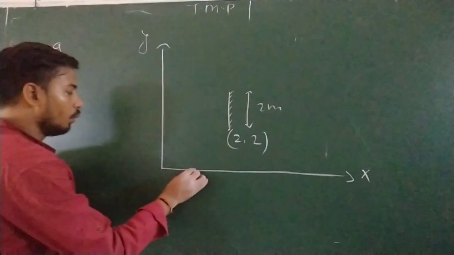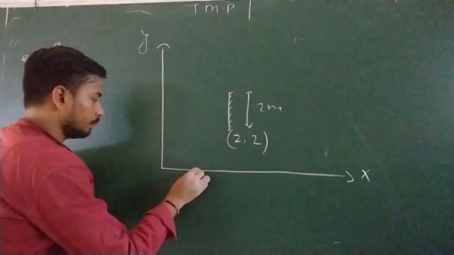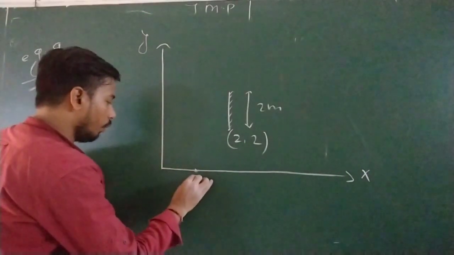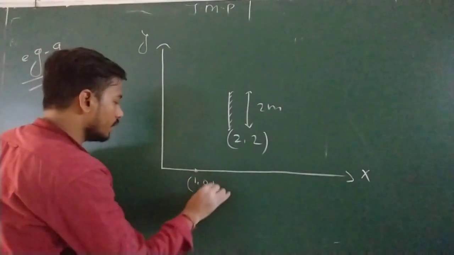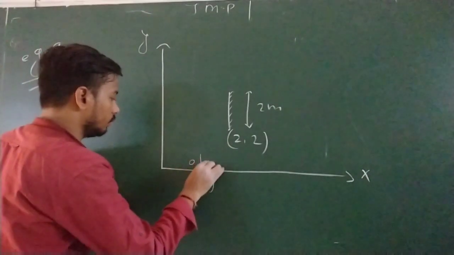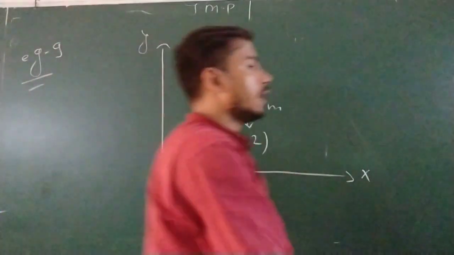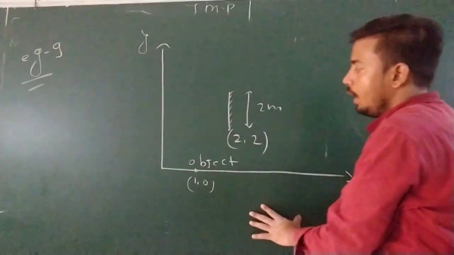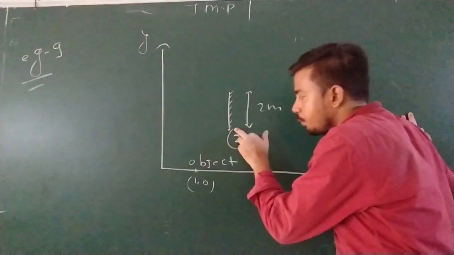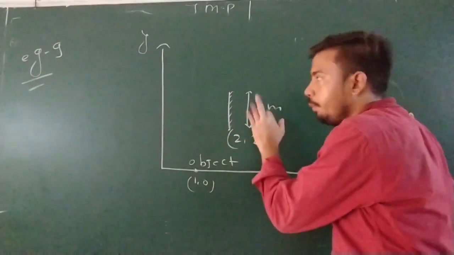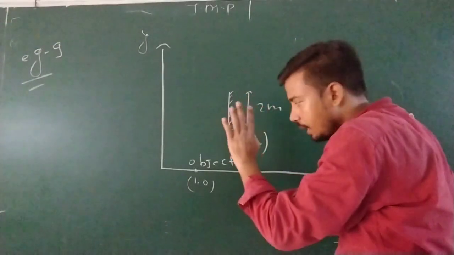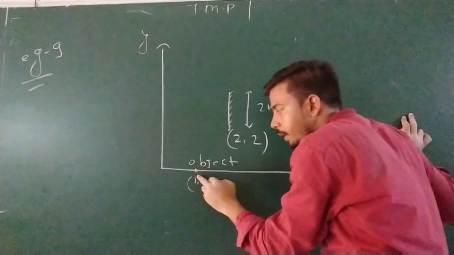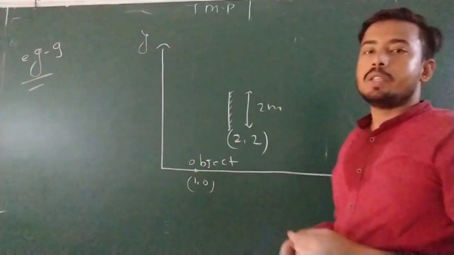So the question is, if here one object is kept at 1, 0. This is the object. See the complete image. We have a mirror in the coordinate system. The coordinate of the lowest point of the mirror is 2, 2. The height of the mirror is 2, so we can find the other coordinate. Here one object is kept. The position of this object is given, my dear, 1, 0.